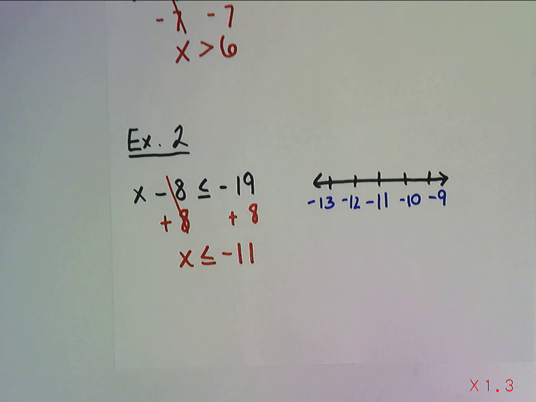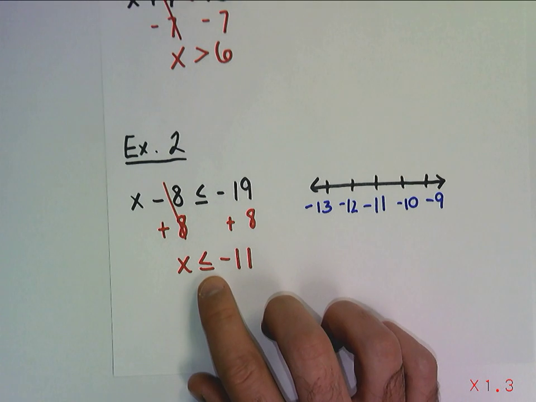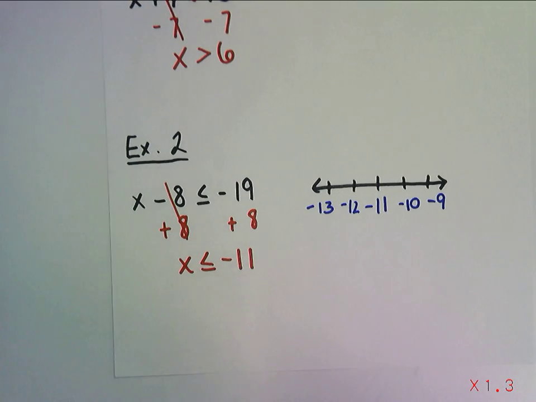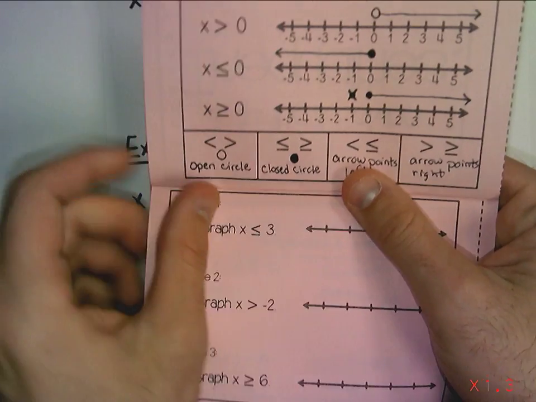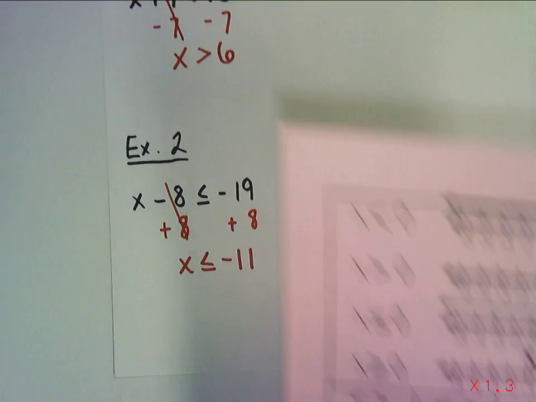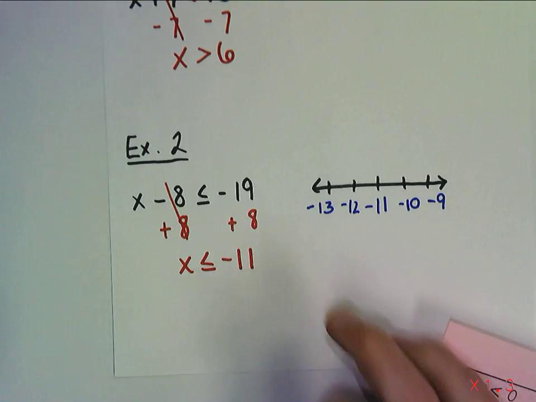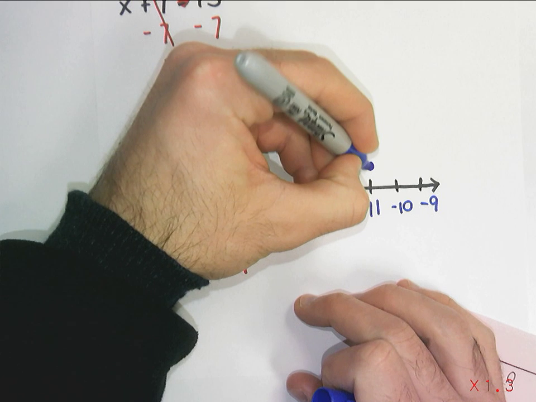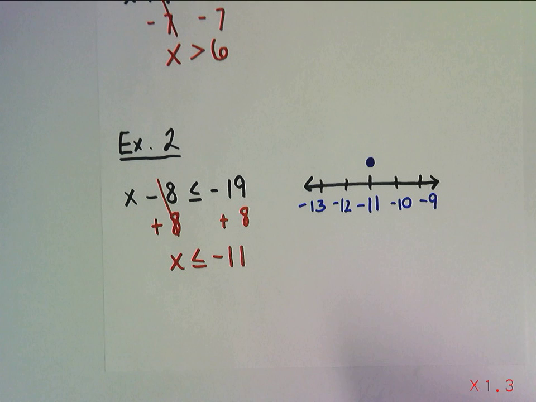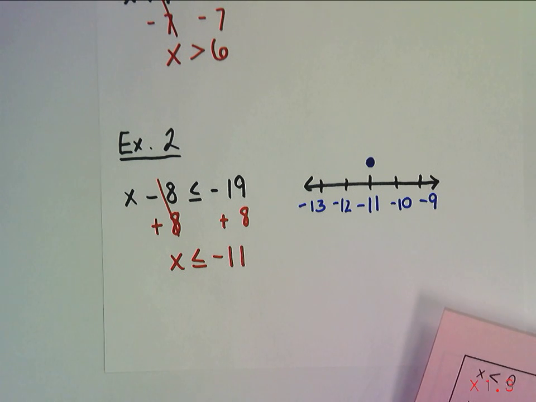So, now looking back at my inequality here, it says x is less than or equal to negative 11. Let's look back at my notes. Less than or equal to would mean a closed circle at negative 11. So I'll close that up. And then it says less than or equal to.